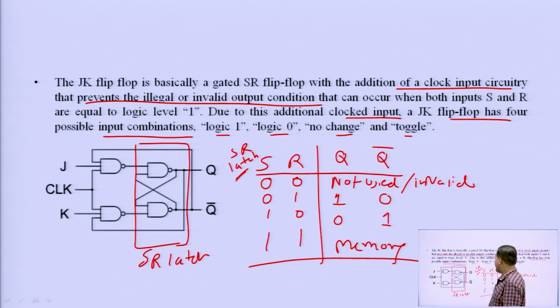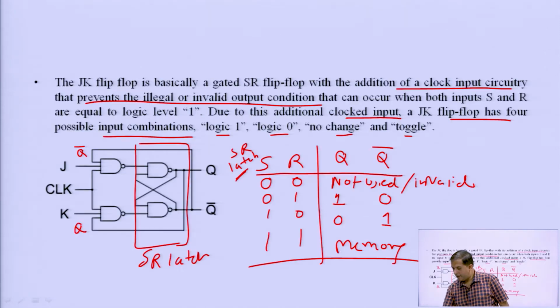You can see here, one input is clock, one input is J and one input is Q bar, and here one input is clock, one input is K and one input is Q, right. Now we will go further.